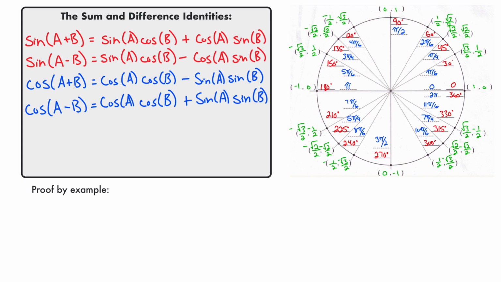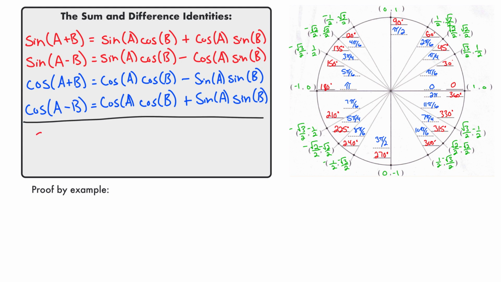However, this is not how I have these identities memorized, because there is a way to take the 2 red identities and blend them into just one identity. There's a way to take the 2 blue identities and blend them into one identity. So here's the way that I blend the sine identities together.